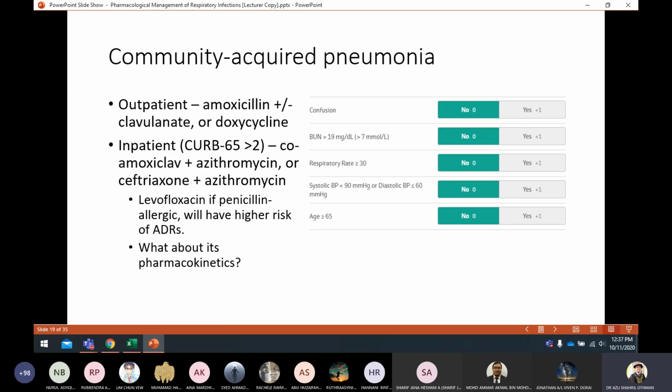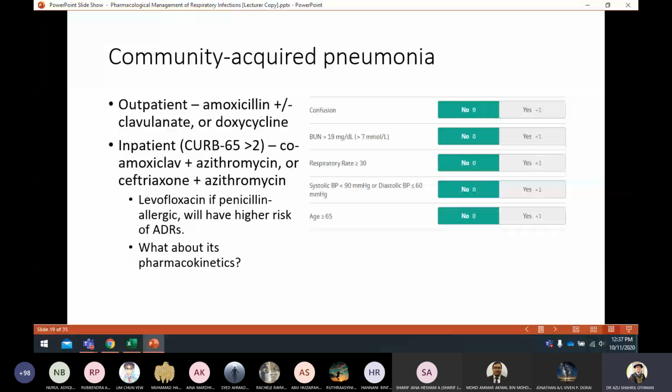CURB 65, as you can see there, is a scoring system to assess whether a patient needs to be hospitalized for pneumonia or not. So at this point, it's a nice to know thing. But when you go into clinicals later, it's a need to know thing. Now it's a nice to know thing.